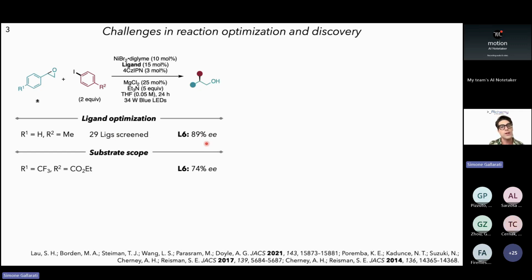After we've identified a chiral ligand such as this one, we use it to evaluate the substrate scope of the reaction. Unfortunately, something that happens quite frequently is that once we evaluate the substrate scope, we find a combination of substrates that performs less well than the model substrates with that same quote-unquote optimal ligand.